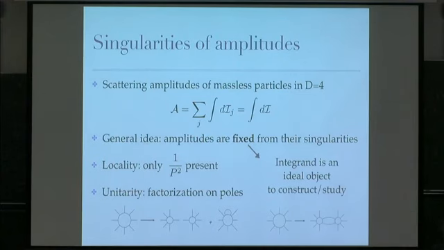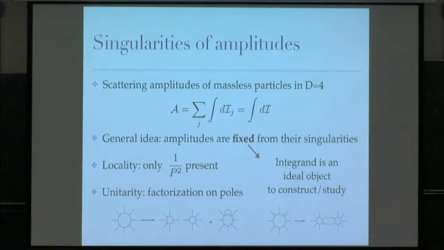Let's start. I am interested in scattering amplitudes for massless particles in 4 dimensions, mostly in the context of loop amplitudes in this talk. We can expand the full amplitude as a sum of integrals, or Feynman diagrams, that we have to integrate over the loop momenta. In the planar sector, you can uniquely sum these things and define the integrand as one object that then should be integrated. The general idea is that both the integrand and the full amplitude are fixed from singularities.